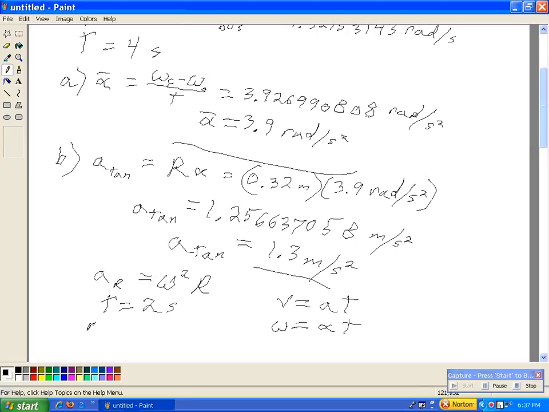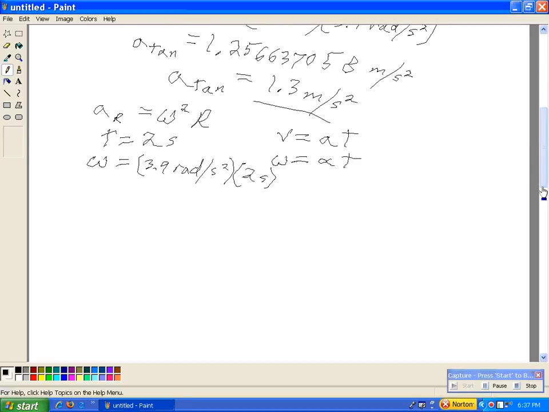So really, the angular velocity we're using is 3.9 radians per second squared times 2 seconds. So we're using 7.8539816 radians per second.